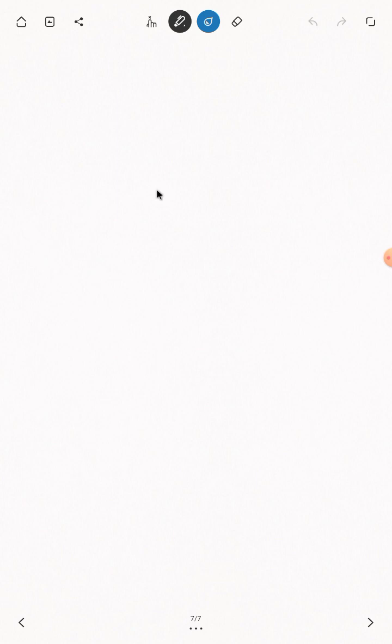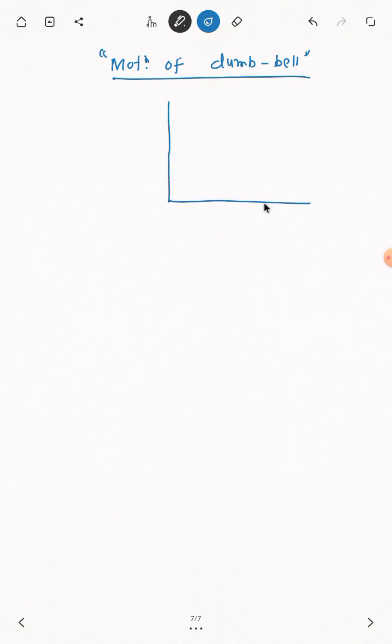So next we come to another important concept, that is called motion of dumbbell. What is that? Say we have a three-dimensional system. That means we have three axes in our hand.